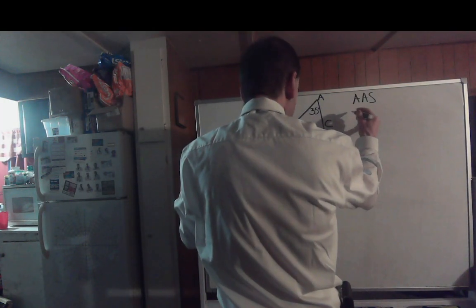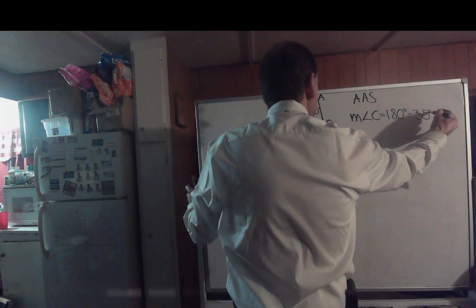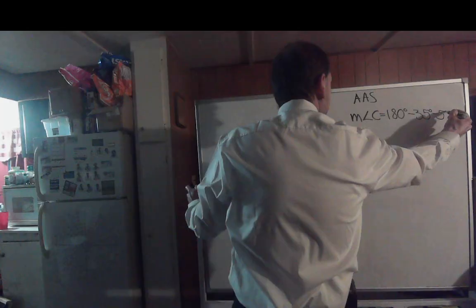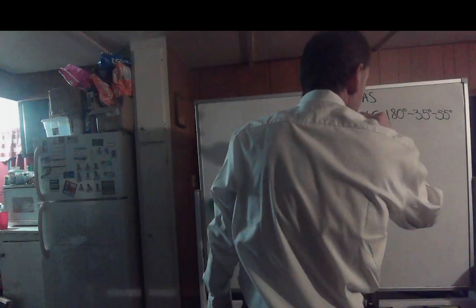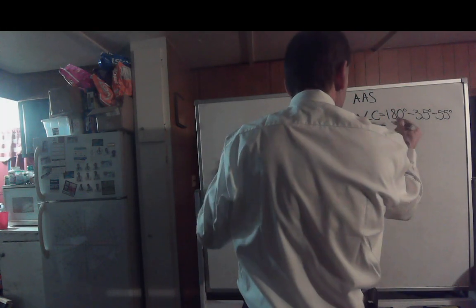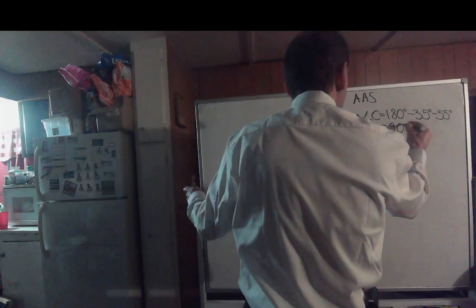So that means the measure of angle C is going to equal 180 degrees minus 35 degrees minus 55 degrees. Alright, so what is, let's see. That means the measure of angle C equals 90 degrees.